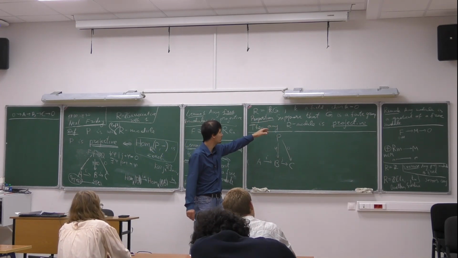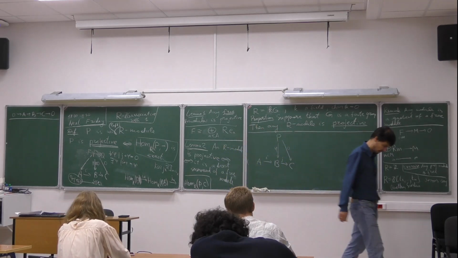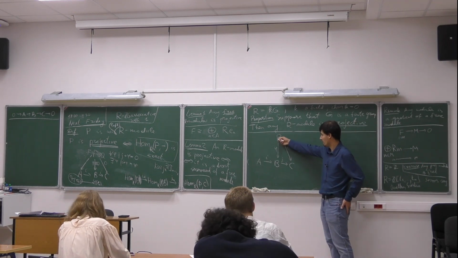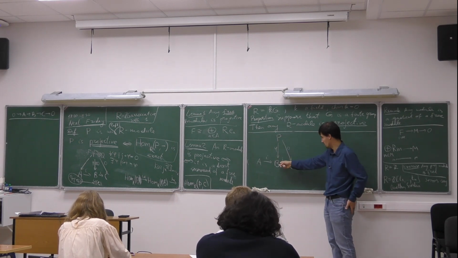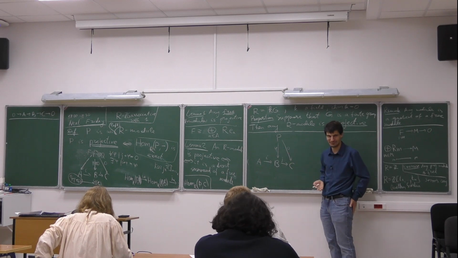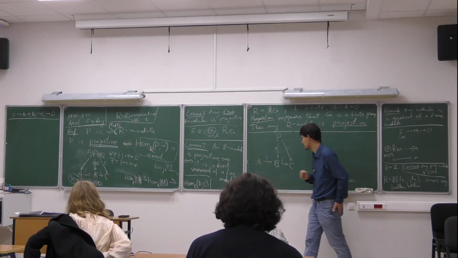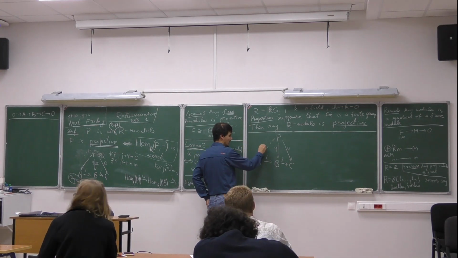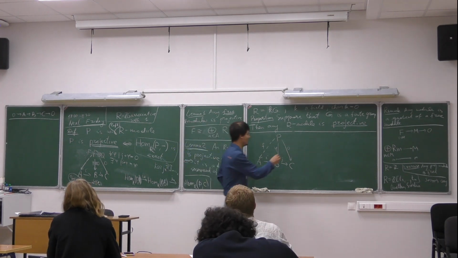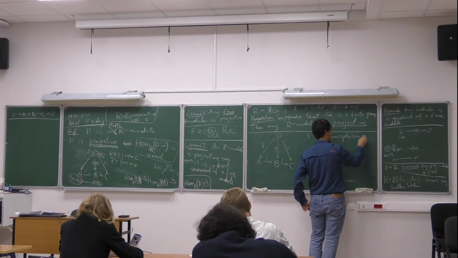All our modules are, of course, vector spaces over K. So just forget about the structure of our module and keep in mind only the structure of vector spaces over the field K. Over a field, all modules are free and hence projective, and this is very trivial, so we can always find such a lift. We can always find here this lift F, which is not a morphism of R modules, but just a homomorphism of K vector spaces.